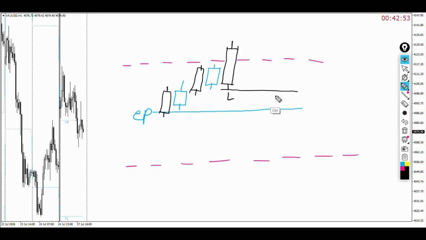And if another upward candle, something like that, then a big downward candle, and another downward candle, it breaks the low of the breakout candle.